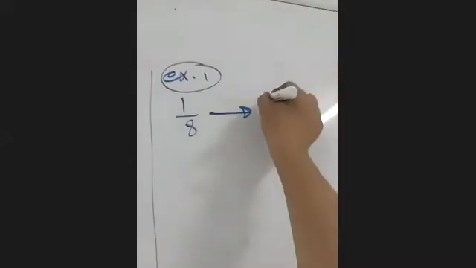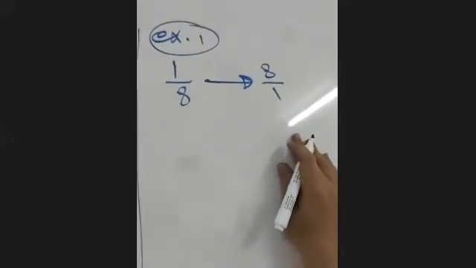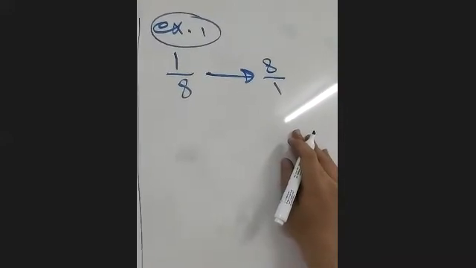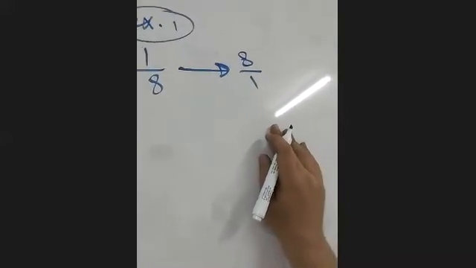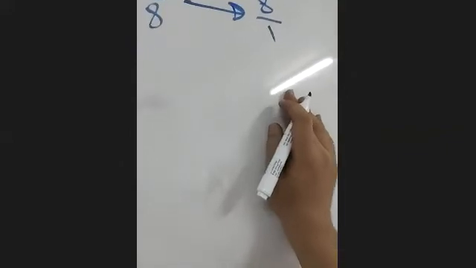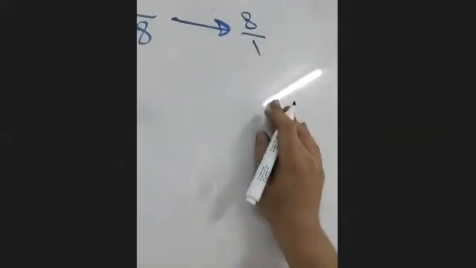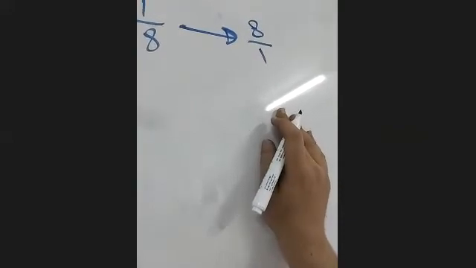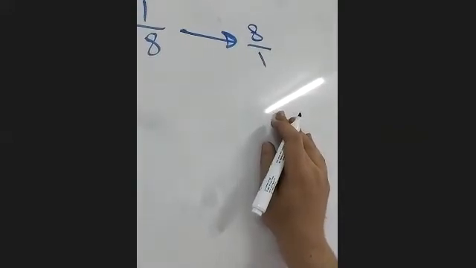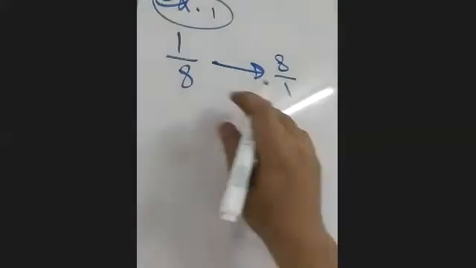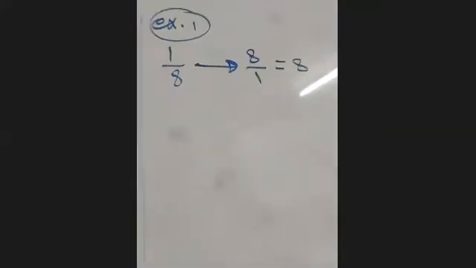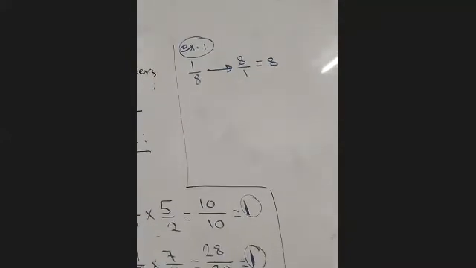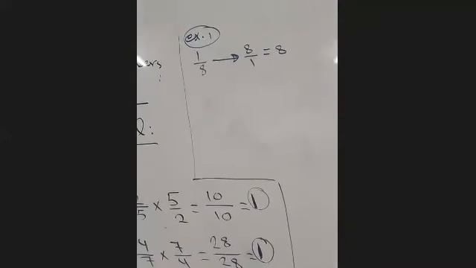But 8 over 1 is what? 8 over 1 means 8 divided by 1, right? How much is 8 divided by 1? 8. So the reciprocal of 1 over 8 is 8. Got it? You understand it now? Yes.